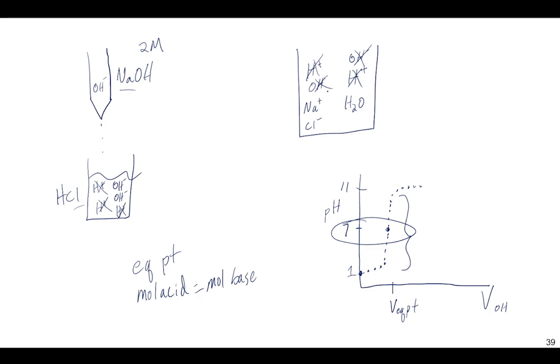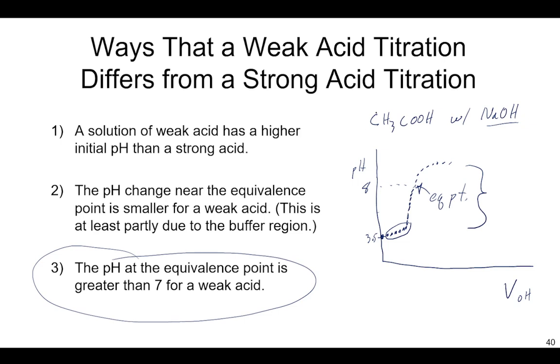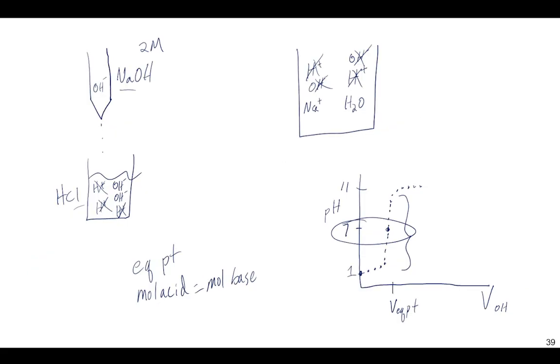But once I change this to a weak acid, it is not Cl minus that's floating around down here, but it is, in this example at least, the conjugate base of this acid, which will act like a base and affect the pH. So the conjugate base that would be floating around down here is CH3COO minus.